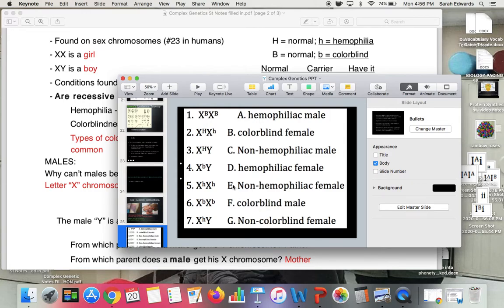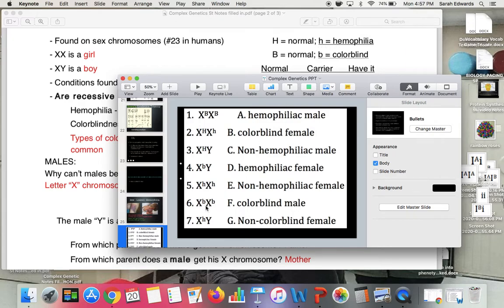Okay, so hopefully you're starting to get this now. So 5, is this a girl or a boy? Two X's. Well, it is a girl, and there's little h's. So is she normal or is she a hemophiliac? She's going to be a hemophiliac female, so she's D, because she has two little h's.